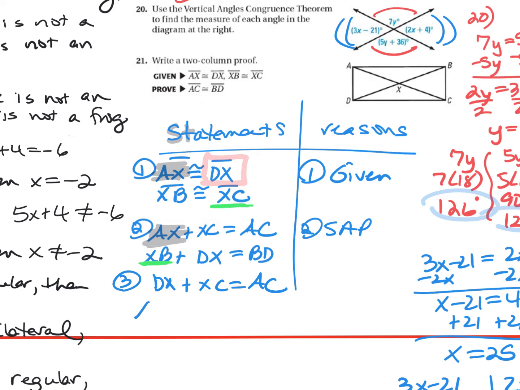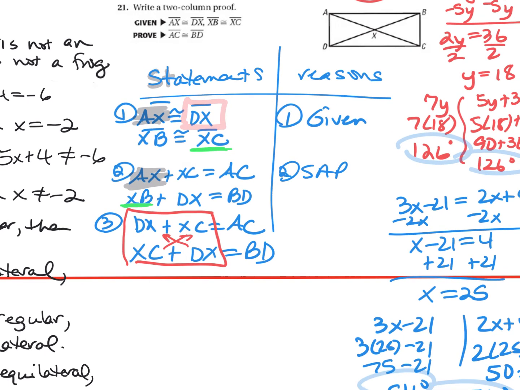So XC plus DX equals BD. Now, if you notice, these two things are exactly the same thing, because you got the DX and the XC. So now what I can do, this was a substitution, not a transitive.